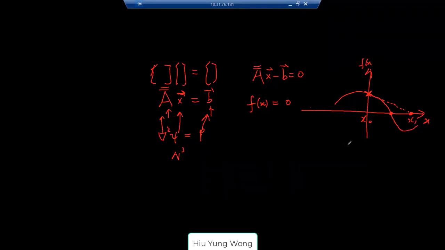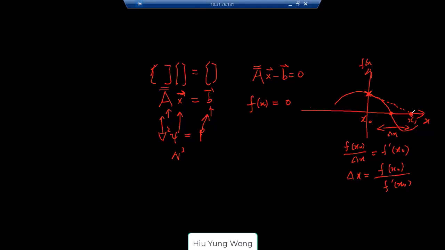Obviously, f of x0 divided by delta x equals f dash of x0. So to find out delta x, we just need to evaluate f of x0 divided by f dash of x0. So this is one iteration. It brings us to here.